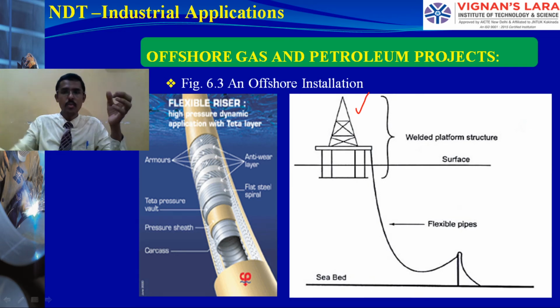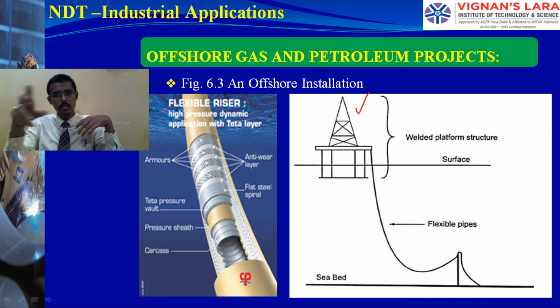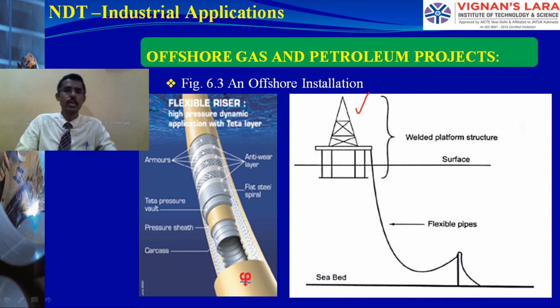From there, the boring zone is different at the seabed. So we have to have a flexible pipe to go there. It is going from here to some point, and we are using flexible pipes. Flexible pipes are going to fluctuate. Strength is needed, rigidity is needed, resistance is needed. So all these combined factors are needed.